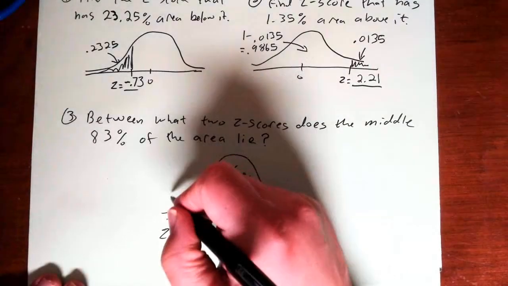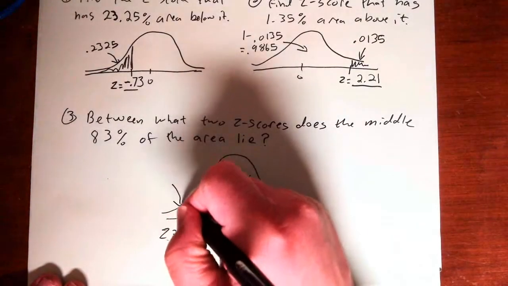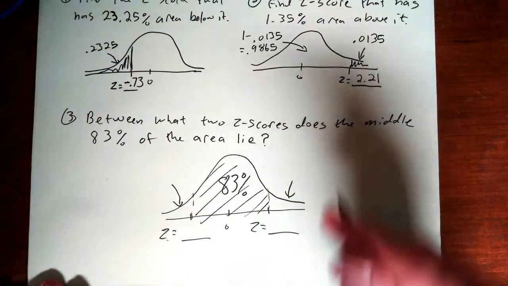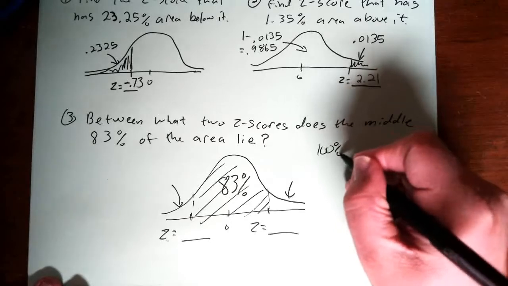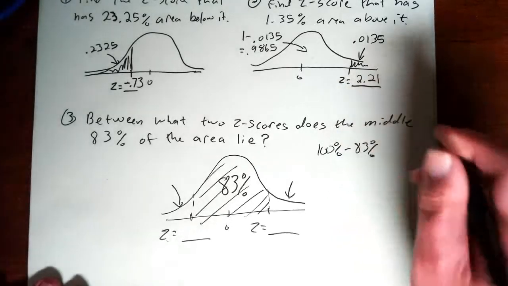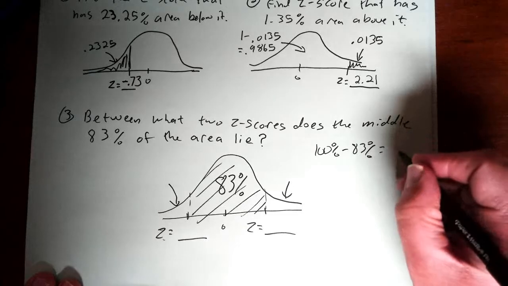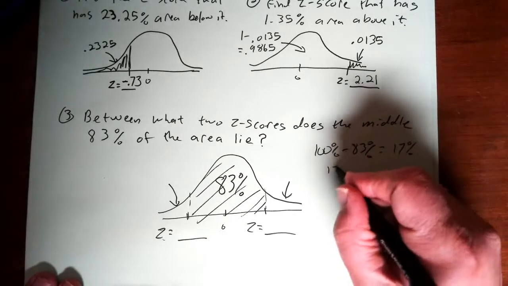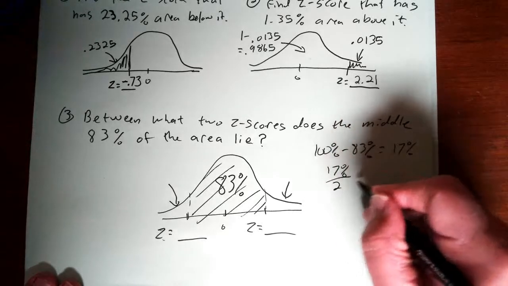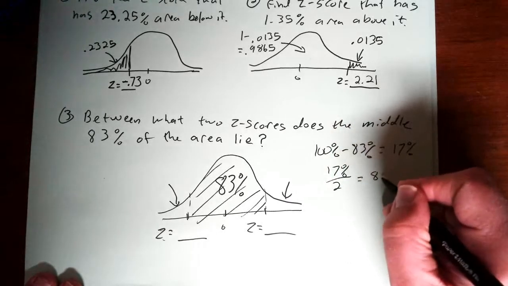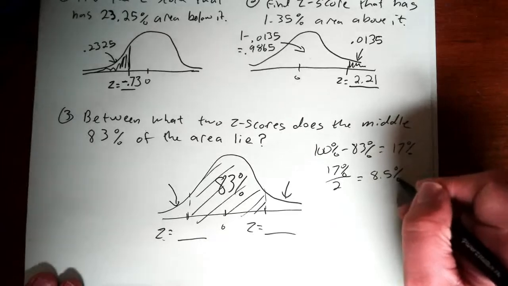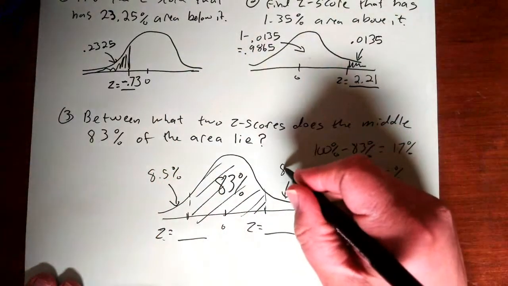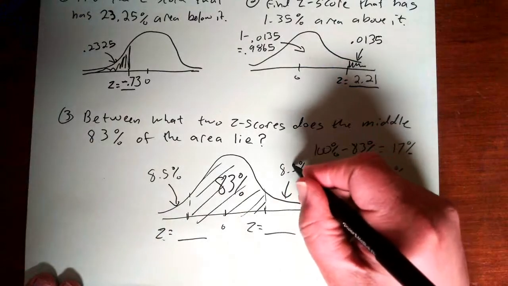To find the negative one here, I need the area in this tail, and of course this one will just be the positive of that. So I'm going to take 100% minus 83%, and I get 17%, and then I divide that in half, and I get 8.5%. Up here would be 8.5% too.